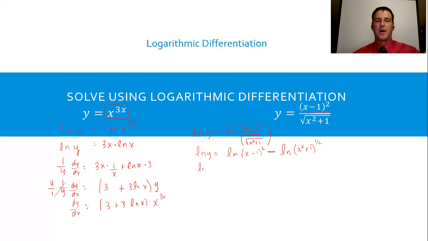So natural log of y now becomes 1 over y dy dx. Natural log means you're going to put everything here on the bottom. The natural log will go away, but then you have to take the derivative of the bottom, which is 2 times x minus 1 to the first power times the derivative of the inside, which is just 1. And then the same thing here. I need to put this item on the bottom.